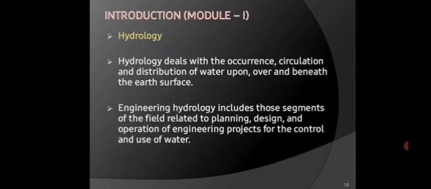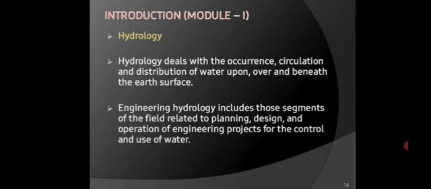So let's start with the first module, which is hydrological parameters, and this module starts with the definition of hydrology, of course. So what is hydrology? It is the occurrence, circulation and distribution of water upon, over and beneath the earth's surface.